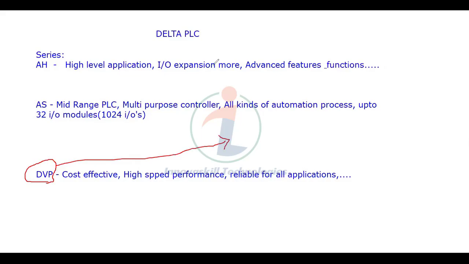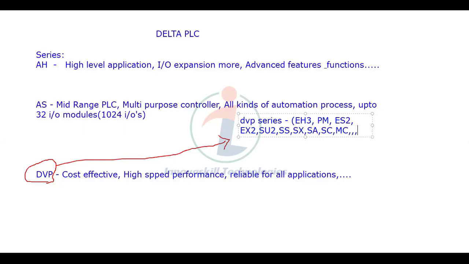If you take this DVP series, in DVP series again we have many models. The different models available in this DVP series are EH3 series, PM series, ES2 series, EX2 series, SU series, SU2, SS series, SX series, SA series, SC series, MC series.